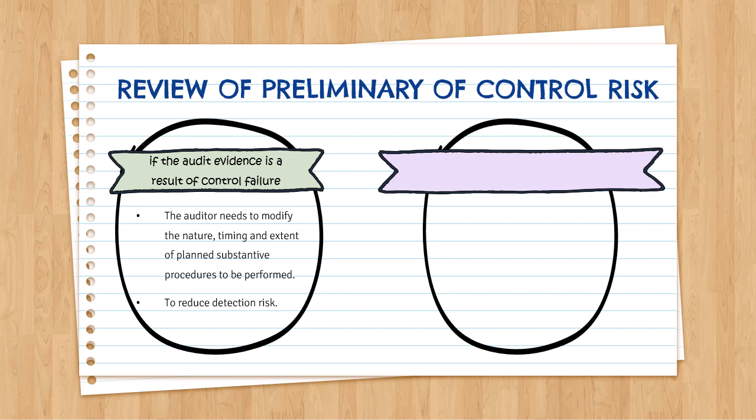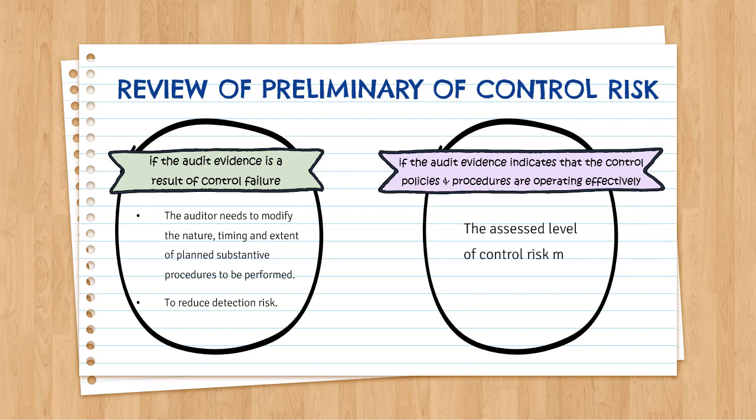As a result, the assessed level of control risk should be increased for those report assertions to which they are related. The second condition is if the audit evidence indicates that the control policies and procedures are operating effectively, the assessed level of control risk may be lowered. Therefore, the substantive test may be reduced accordingly.